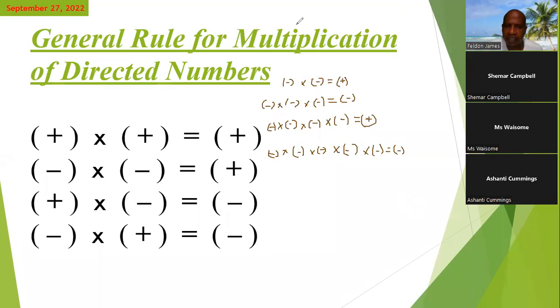How many negatives did you multiply in the first scenario? 2, right? In the second scenario, how many negatives? 3. The third one, how many negatives? 4.